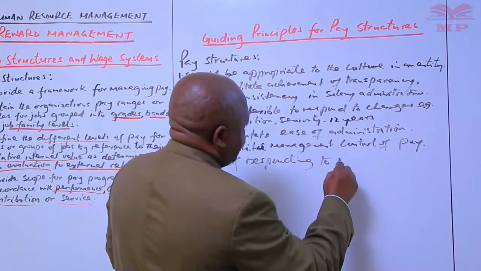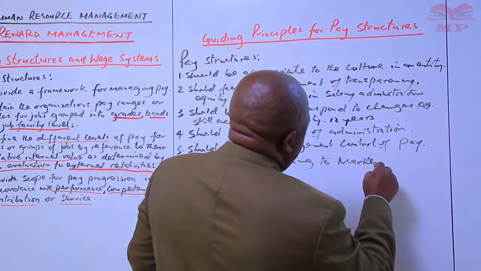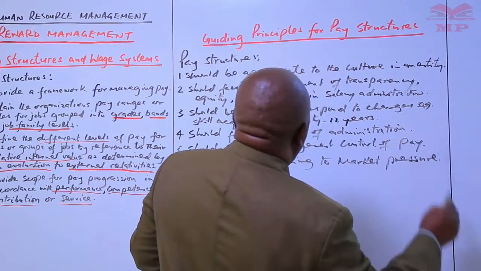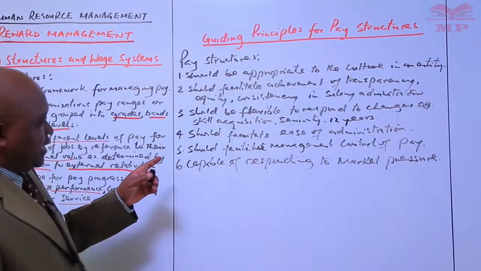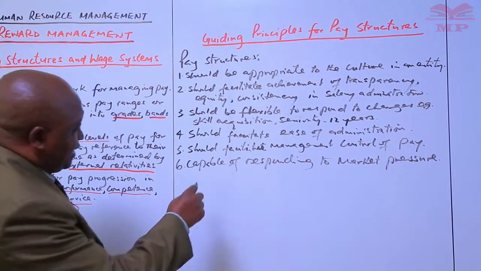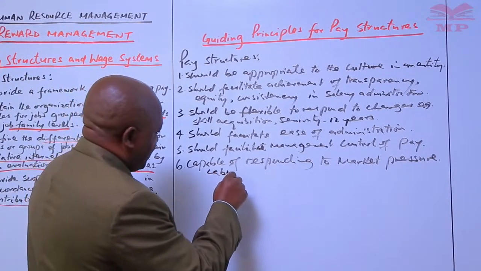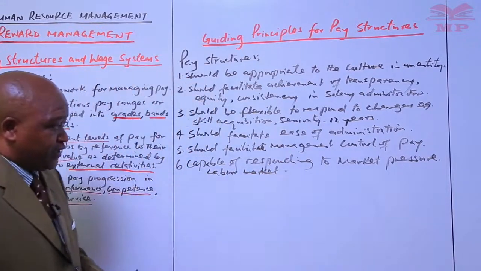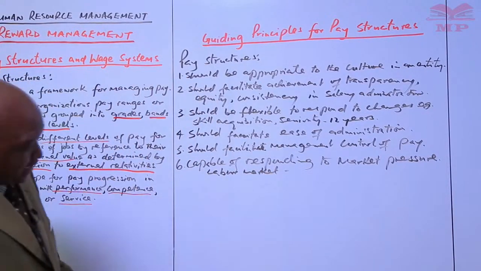to market pressure. Now, what this means is that an organization does its pay structures in the context of a labor market. In this labor market, there could also be changes. Let us take an example.